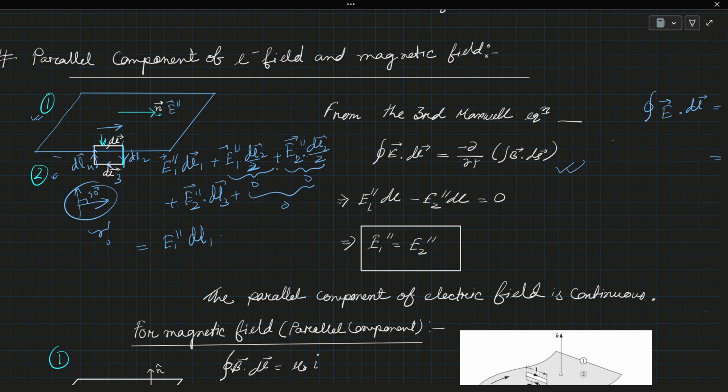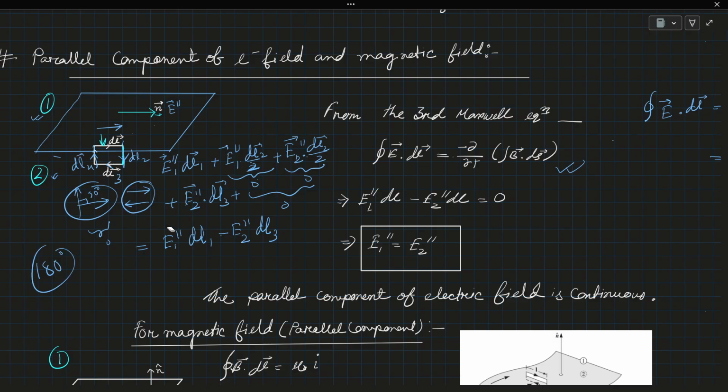This term is 0, this term is 0, and for this term, E2 is in this direction and dl3 is in this direction, so they are opposite to each other. There will be a minus sign: E2 parallel dl3. The dot product contains one minus sign because they are opposite and the angle between them is 180 degrees.